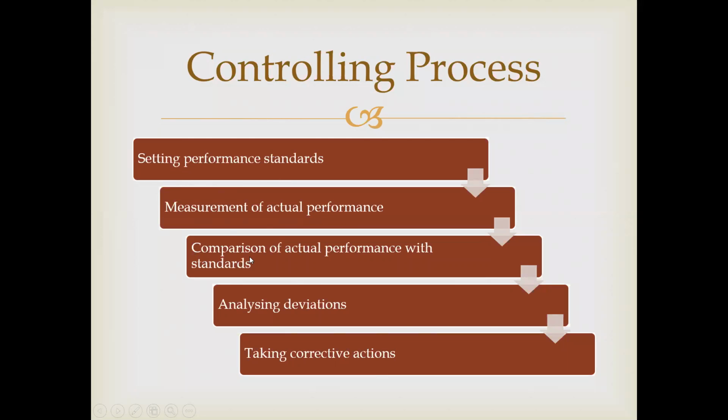Third, comparing the actual performance with the standards. Fourth, analyzing deviations, and the two tools which we use for analyzing the deviation are management by exception and critical point control. And finally, taking corrective actions. I hope that the controlling process is clear to everyone.